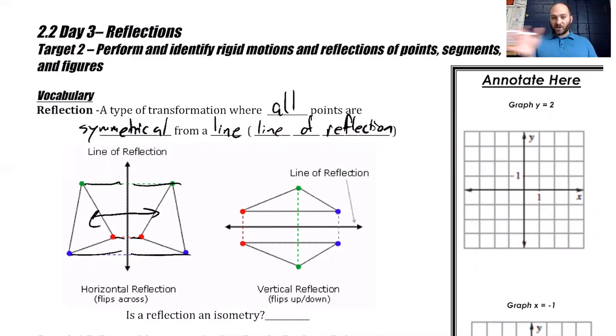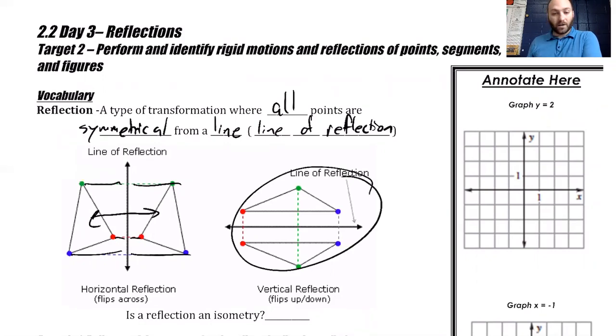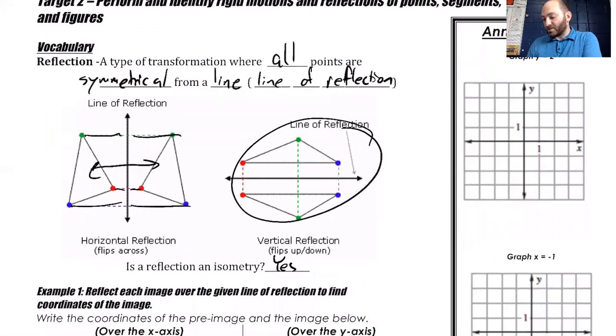That's a horizontal reflection, but it's reflecting over a vertical line of reflection. Here on the right side is a vertical reflection that is reflecting over a horizontal line. So that's what this one is right here. When this reflection occurs, is it an isometry? Yes. We still have an isometry because the shape is retaining its size and shape. So we still have isometries with these.